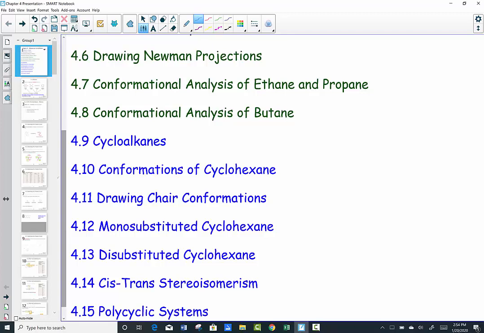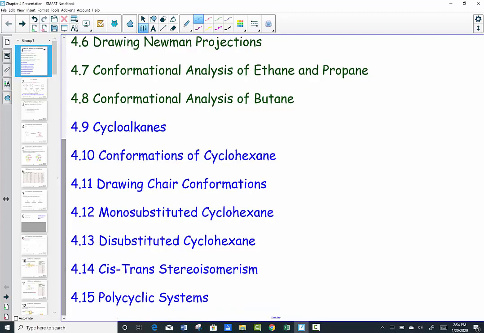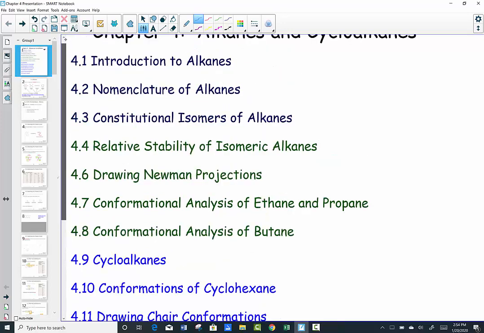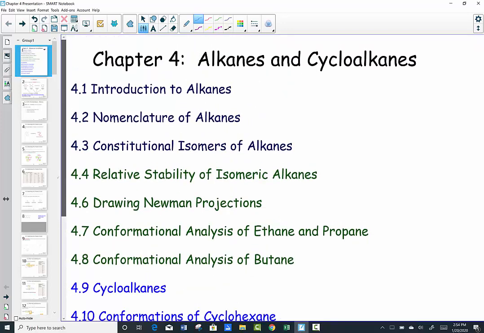If it's disubstituted, would it be on the axial or equatorial bonds to create the most stable arrangement? When I say conformation, the most stable three-dimensional arrangement. We'll have some stereoisomers to look at for double bonds, specifically in the cis-trans. And then you'll look at some polycyclic systems as well. So all about the alkanes and cycloalkane family in chapter 4.